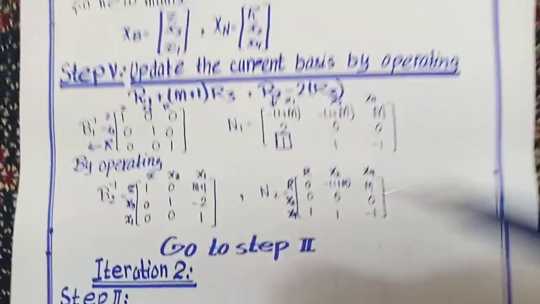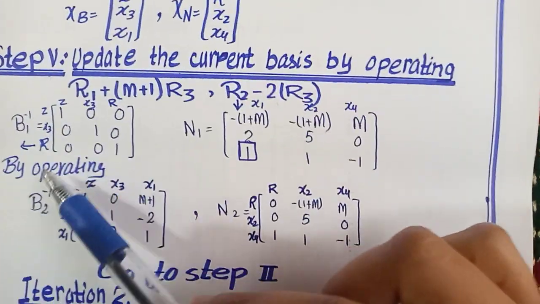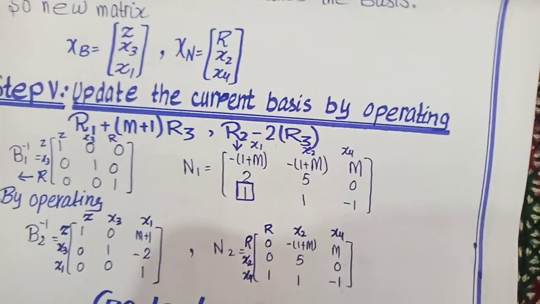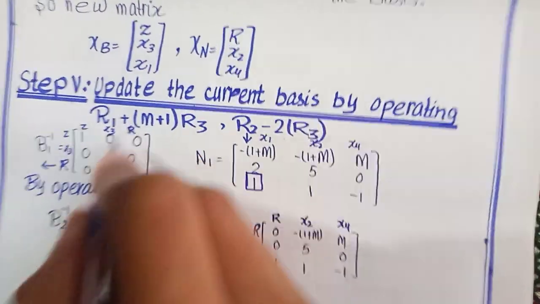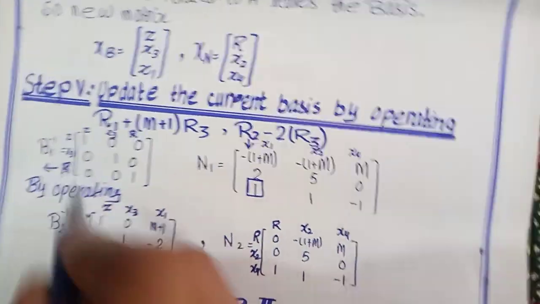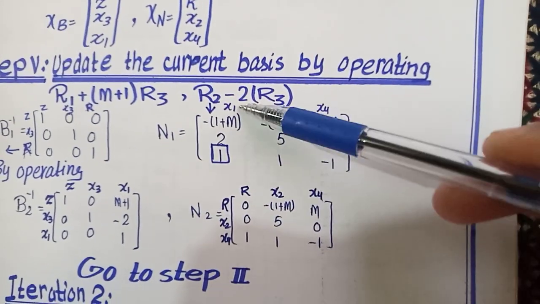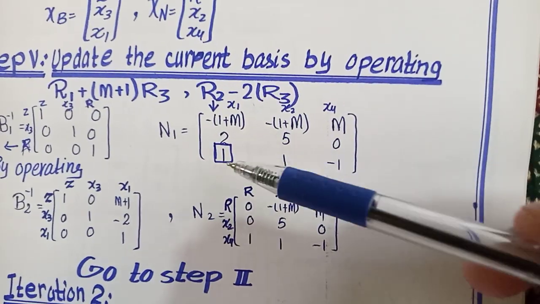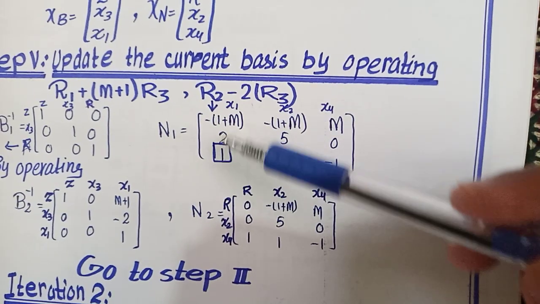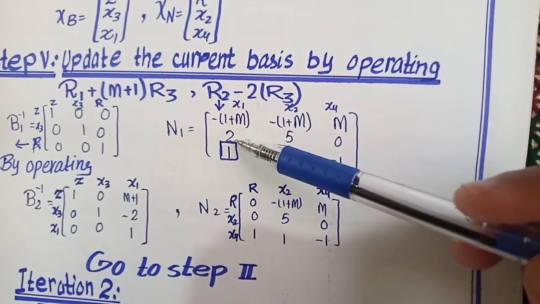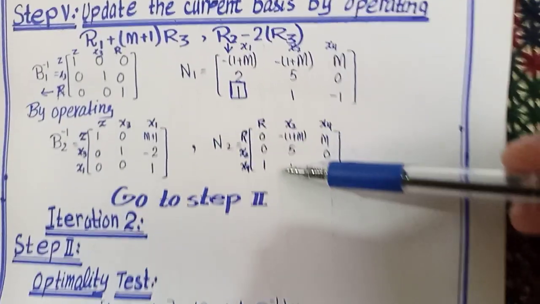Next, Z, x3, and write A here, not R. x1, x2 and x4, all values are written. Then one is row operation, plus 1 plus m row operation and minus 2 times the new pivot row.